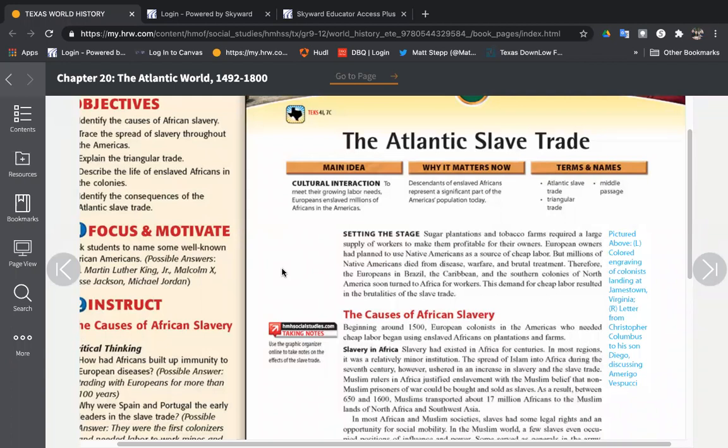What it does is give the closest simulation to traveling on a slave trade ship that you could get. And you think about how annoying it is for 45 minutes to be in that position, laying on the ground, uncomfortable, laying in a chair, having somebody else on top of the deck.